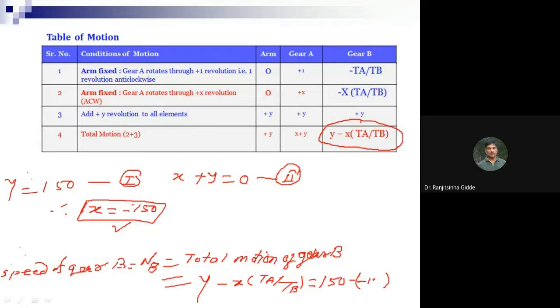What is the value of TA? It is given, 36, divided by 45. Please write these steps.